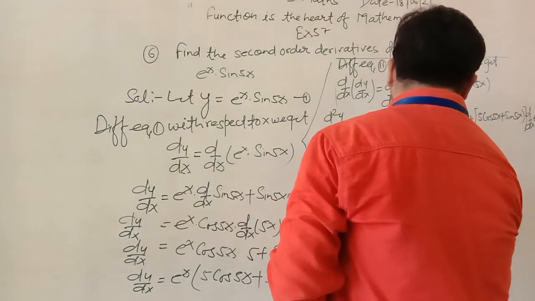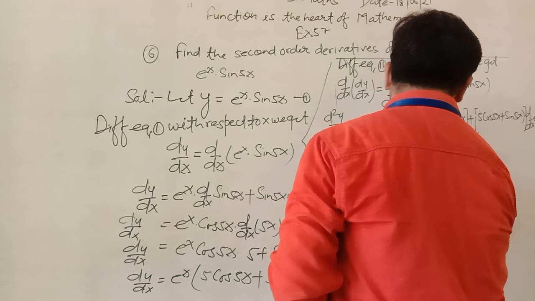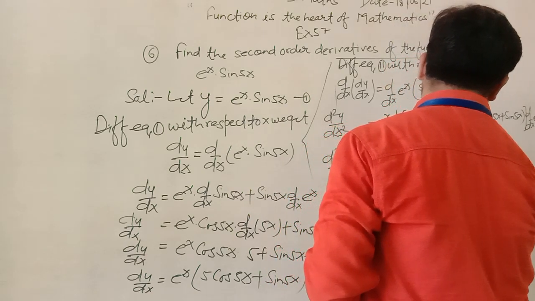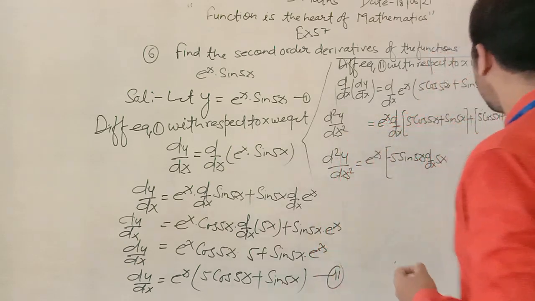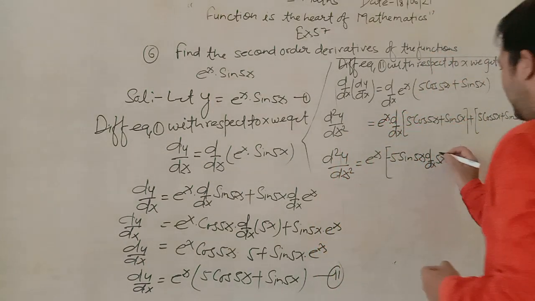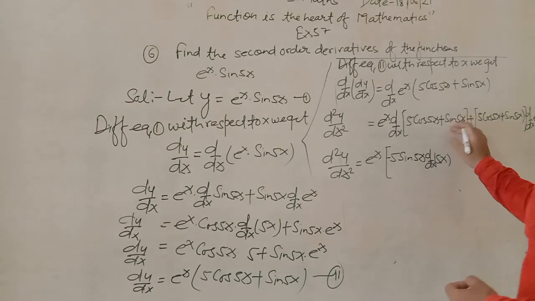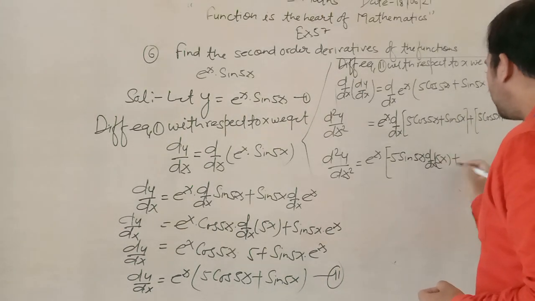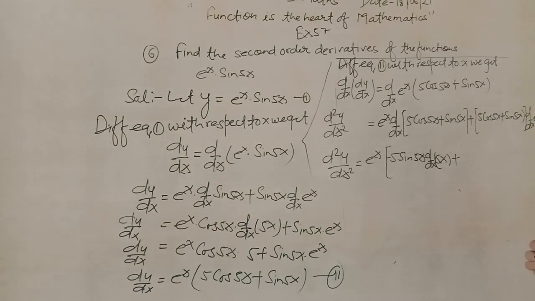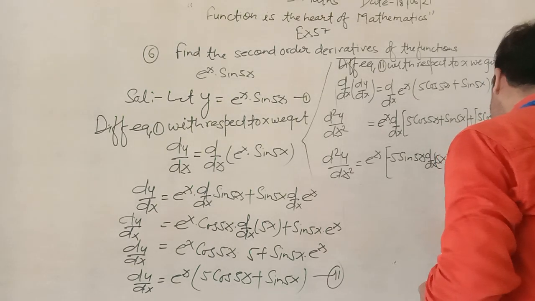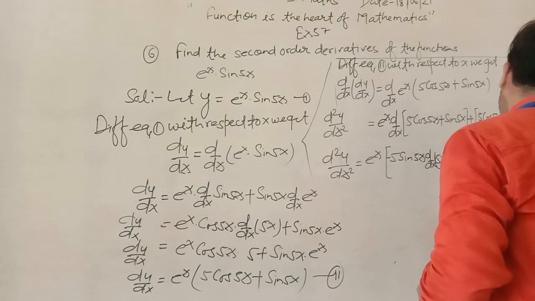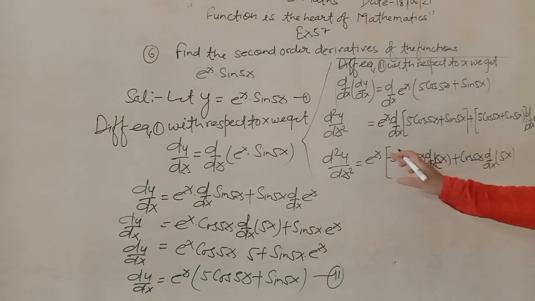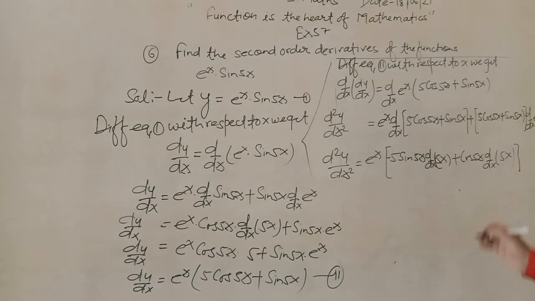So it is 5 minus 5 sin 5x. Again you have to differentiate 5x with respect to x. Here again d by dx of sin 5x gives you cos 5x, again differentiating d by dx of 5x. This is the differentiation of this term.